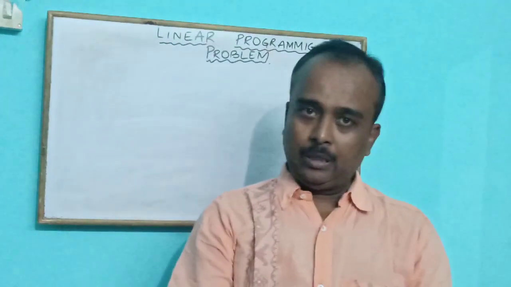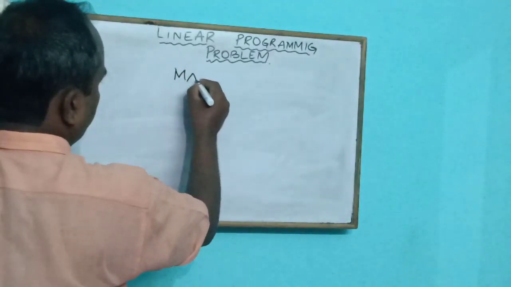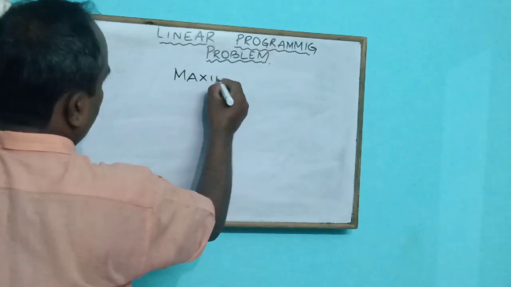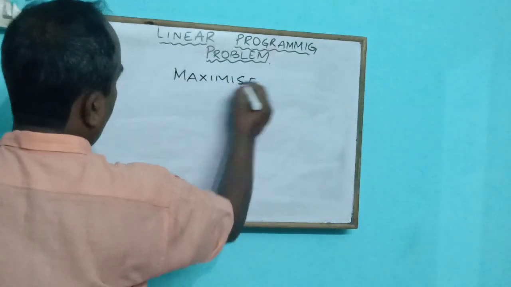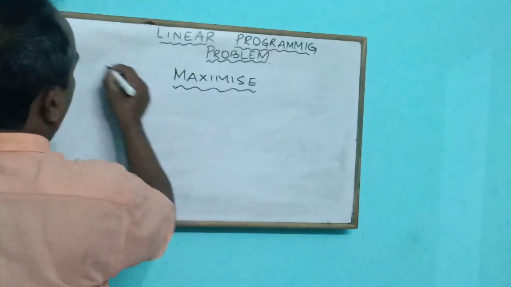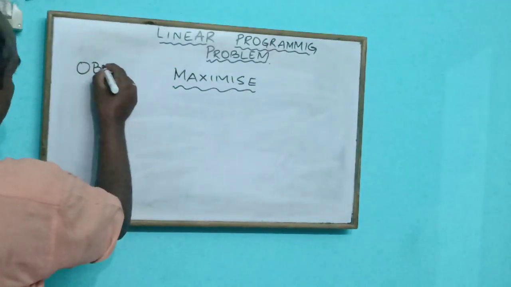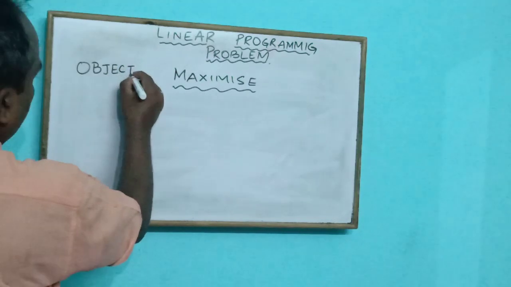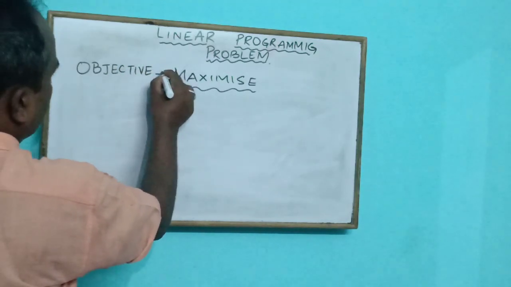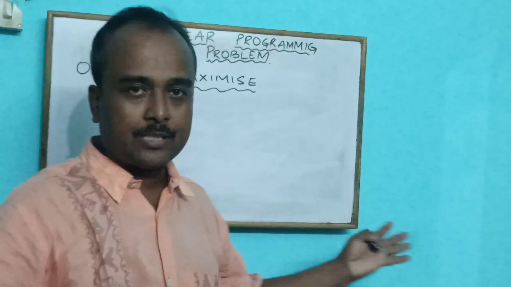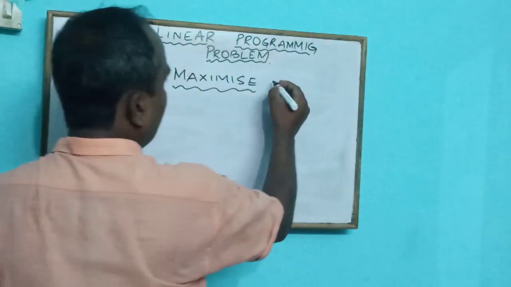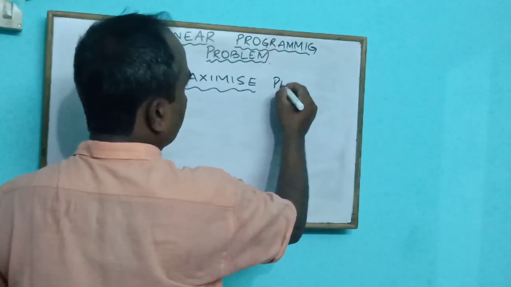So his main objective is to make his profit the highest. I have some objective. This is my objective. My objective is to maximize to the greatest. Maximize what? In this example, profit.